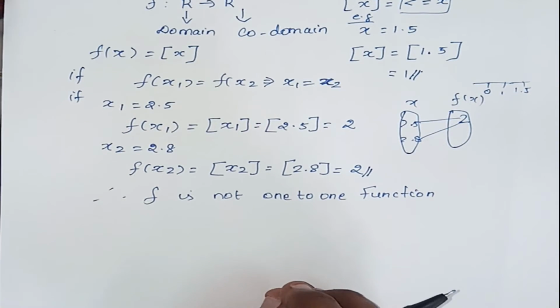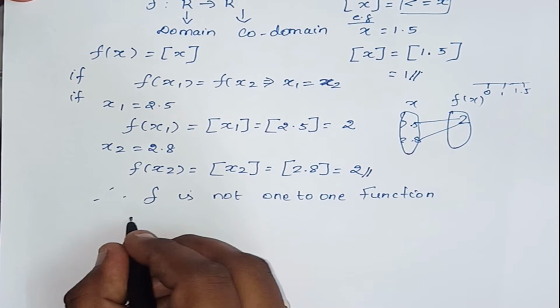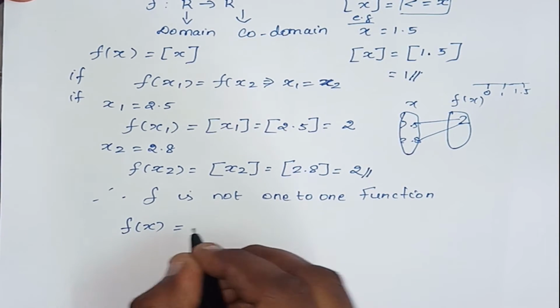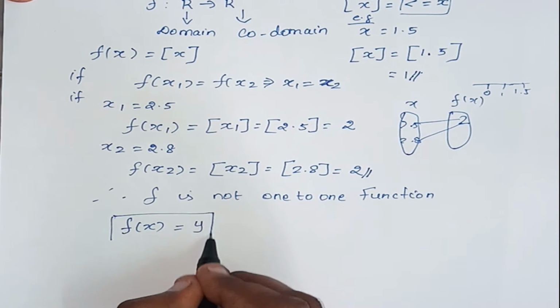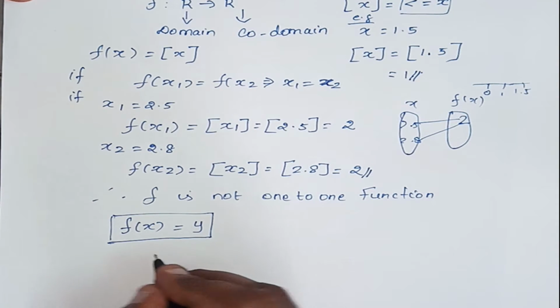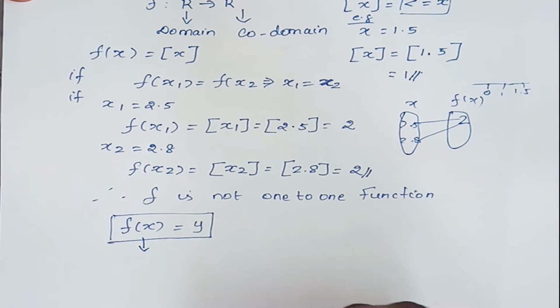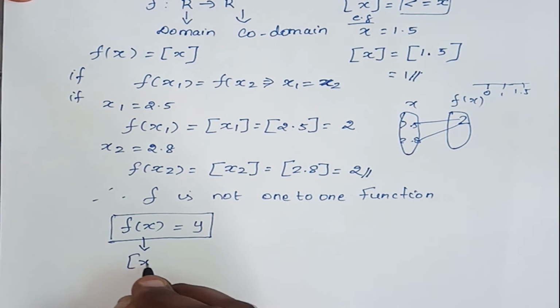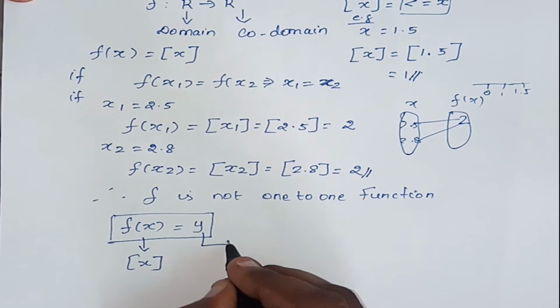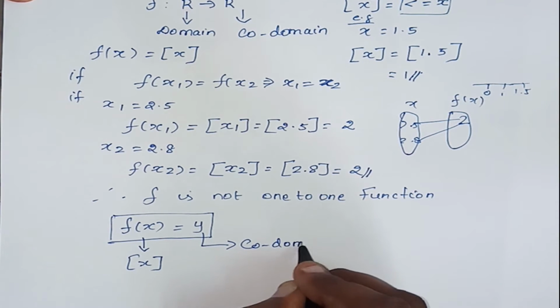Next we need to prove it is not onto. What is meant by onto? Onto means f of x is equal to y. We need to prove f of x equals y. What is f of x? f of x is the given function, that is the square bracket of x. y is nothing but the codomain values, right?